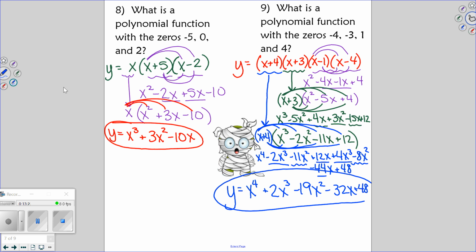And if you hit graph, where should it cross the x-axis? Yeah, the original problem told you where the zeros were. Negative 4, negative 3, 1, and 4. Did you type it in? If your window's off, just hit Zoom 6. It'll take you back to your standard window.